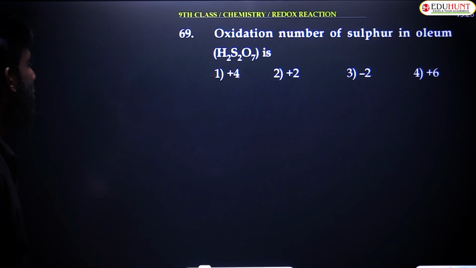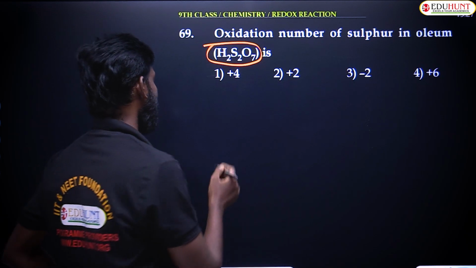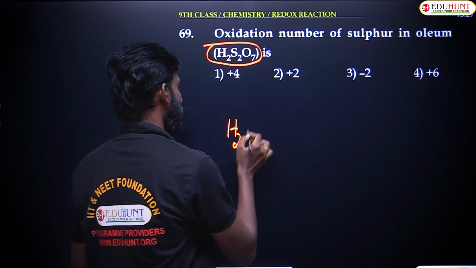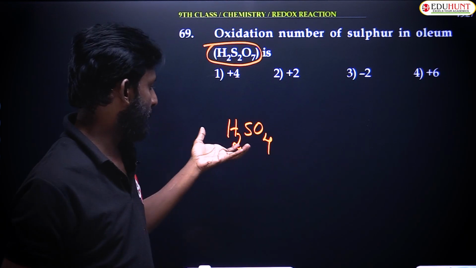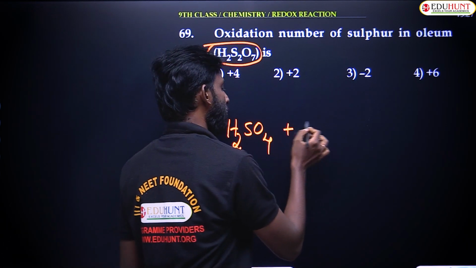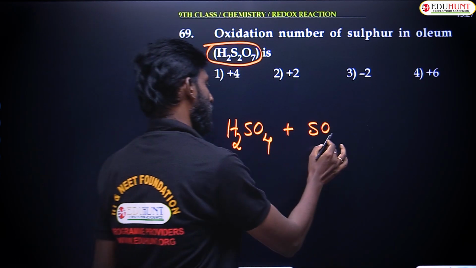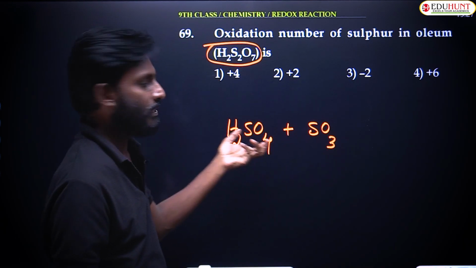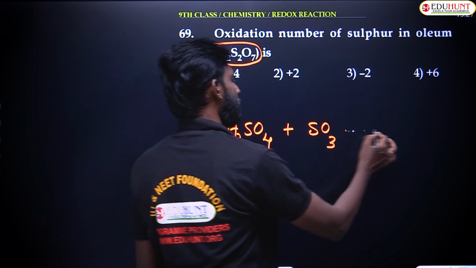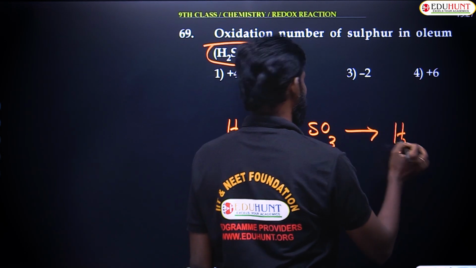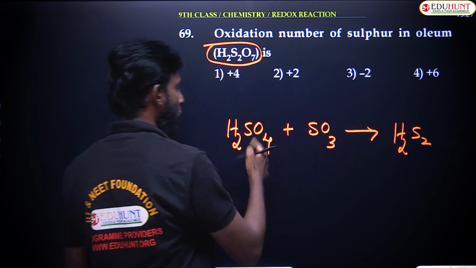Next, oleum. See, the oxidation number of sulfur in oleum. Oleum is actually made from sulfuric acid, H2SO4. When you pass sulfur trioxide gas into the sulfuric acid liquid, you get this solution called oleum, H2S2O7.